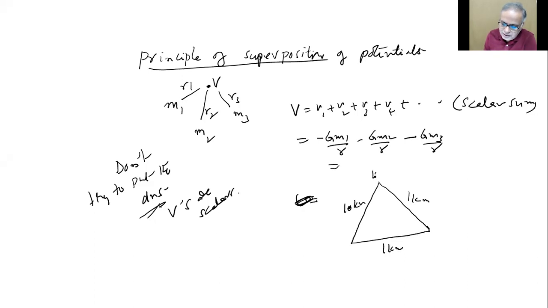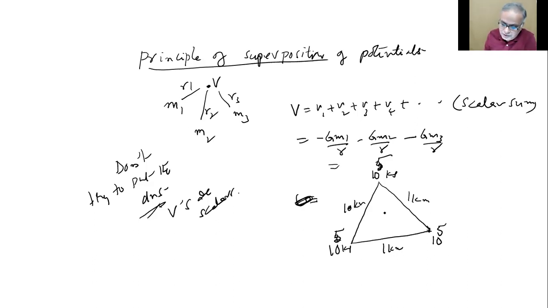The masses are 10 cube kilograms. 10 cube is also big, so 10 to the power 5 may be big, but I'll put 10 to the power 5. No, sorry, it's very less. Earth's mass is 10 to the power 24 kilograms.